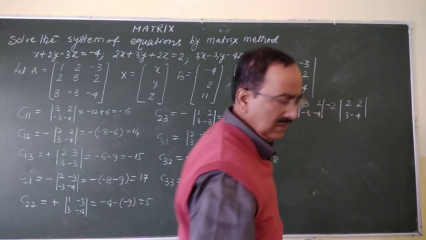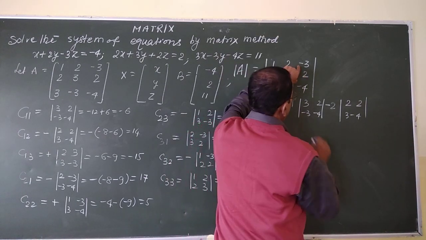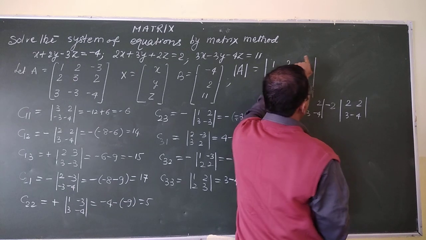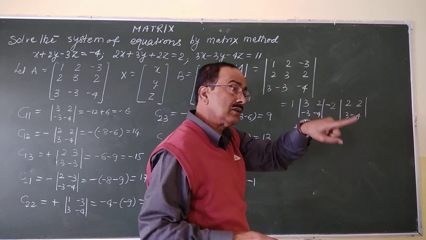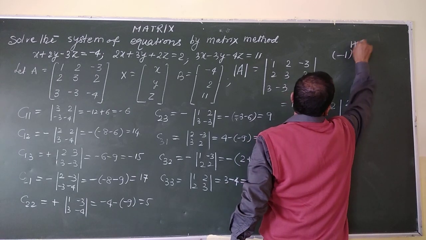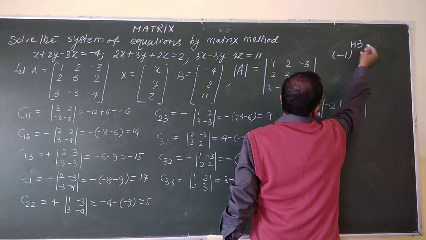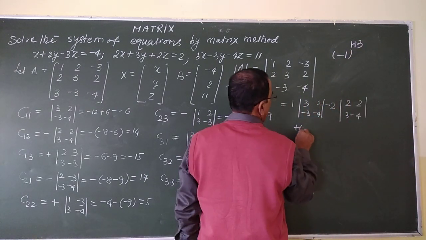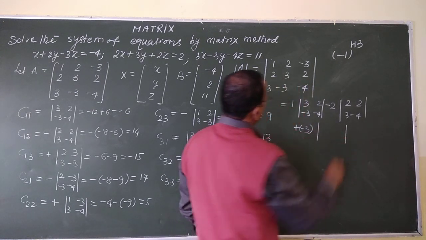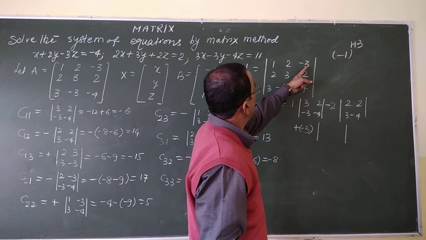Then the third element, this is plus, because this minus 3 lies in first row and third column. Minus 1 to the power 1 plus 3, so minus 1 to the power 4, so positive. And here we have minus 3 and the determinant of its cofactor.